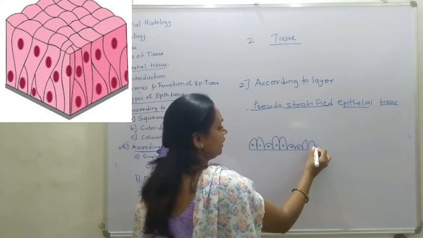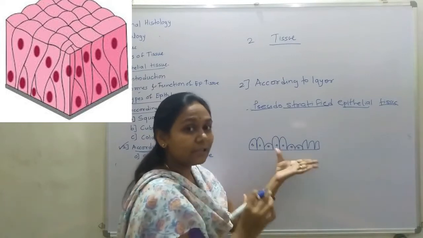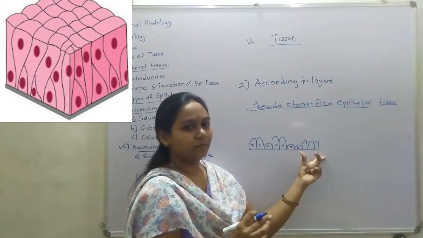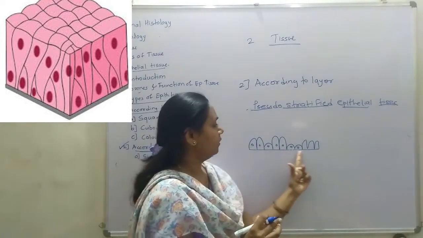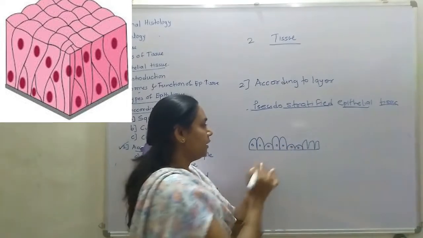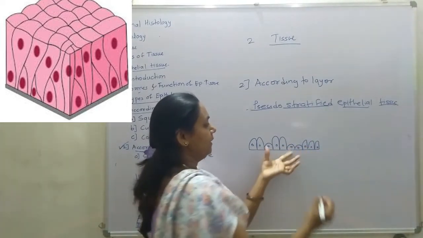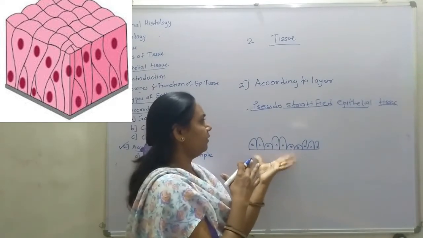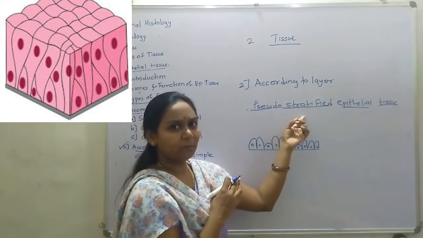There are different shapes of the cells arranged in a single layer. It is a single layer, but arranged in different types. Okay, means in the single layer of cells there are different types of epithelial cells arranged. When we are looking, it looks like stratified.